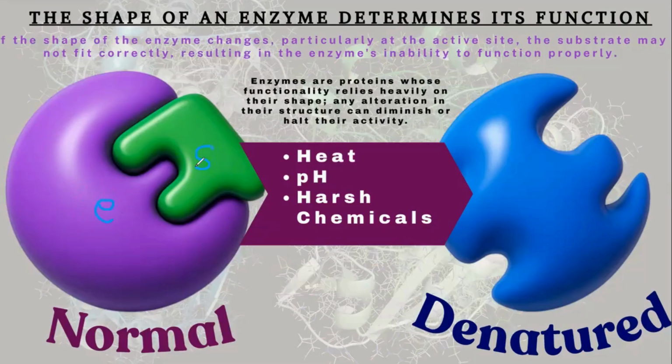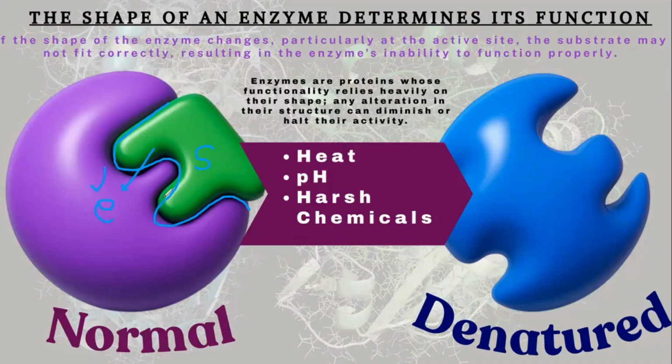Ideally, the active site, where the enzyme attaches to the substrate, is important for turning the enzyme on. And this means that it needs to be induced fit. It needs to have a structure that allows the substrate to attach to the enzyme properly.